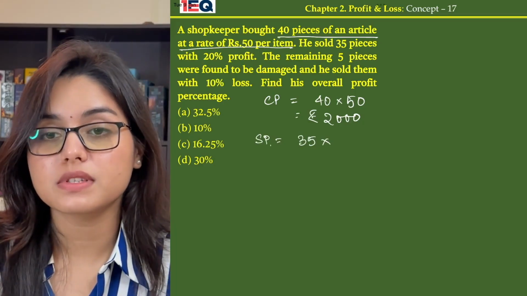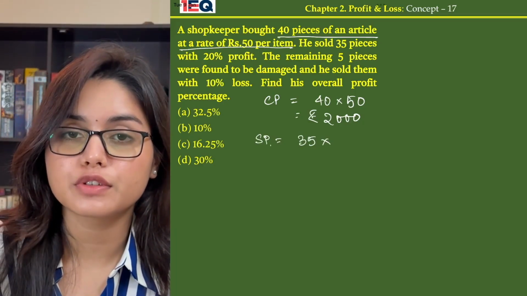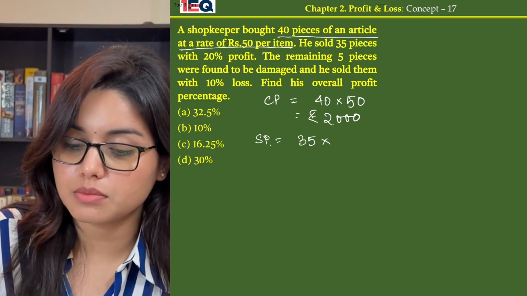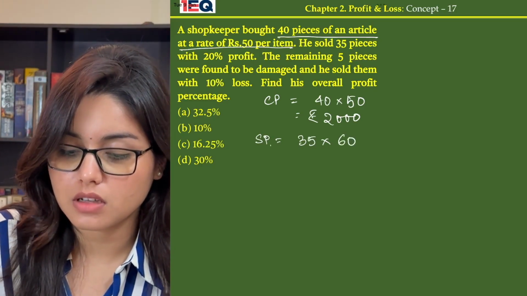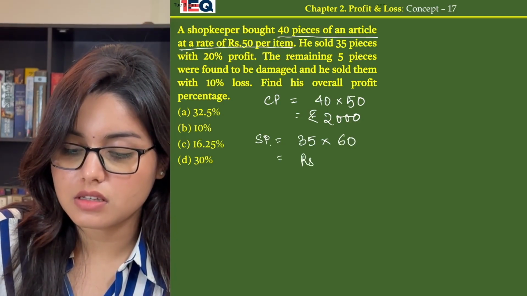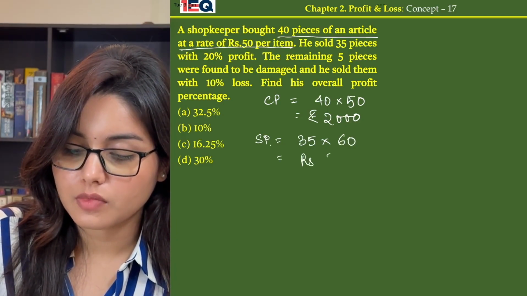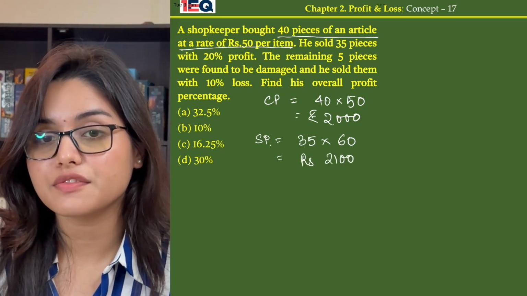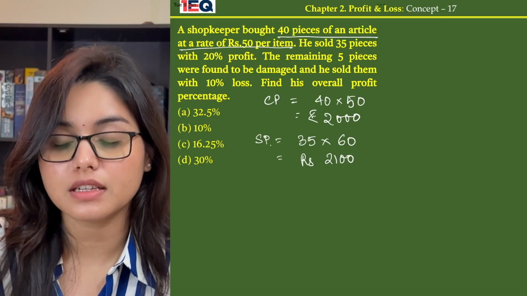Now he sells the first 35 pieces at 20% profit. So a 20% profit on rupees 50 will give us 10 rupees. That is, the selling price becomes 60 rupees, which gives us rupees 2100. He sold the rest 5 pieces at a 10% loss.